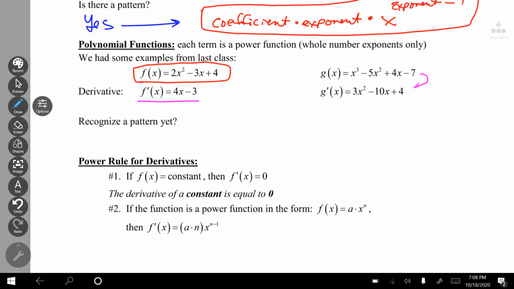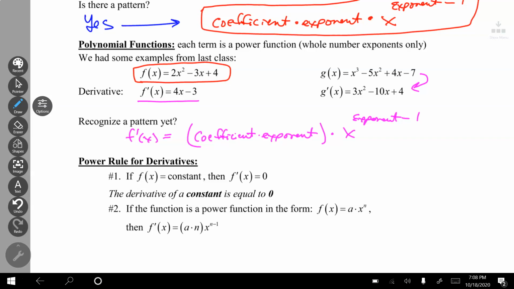We really haven't done something like this yet because we haven't expanded an x cubed one this year, but you get the idea what's going on. Do you recognize the pattern? It is the same. It is the coefficient times the exponent and x raised to the exponent minus 1 every single time. This is what f prime is equal to.